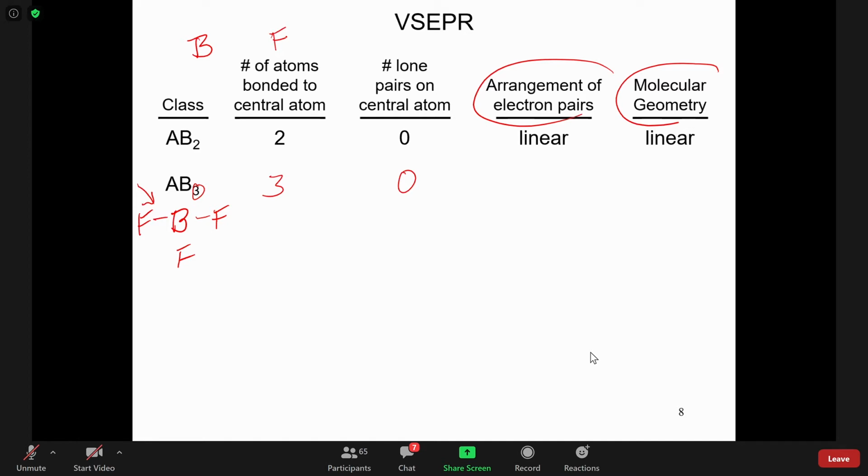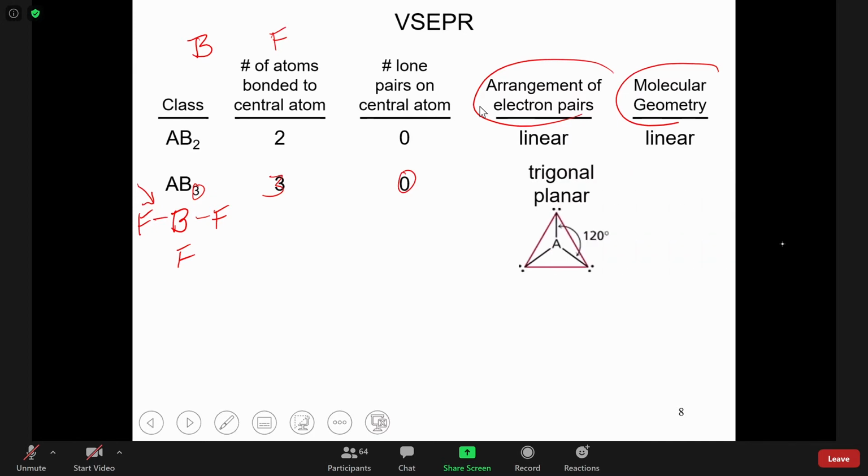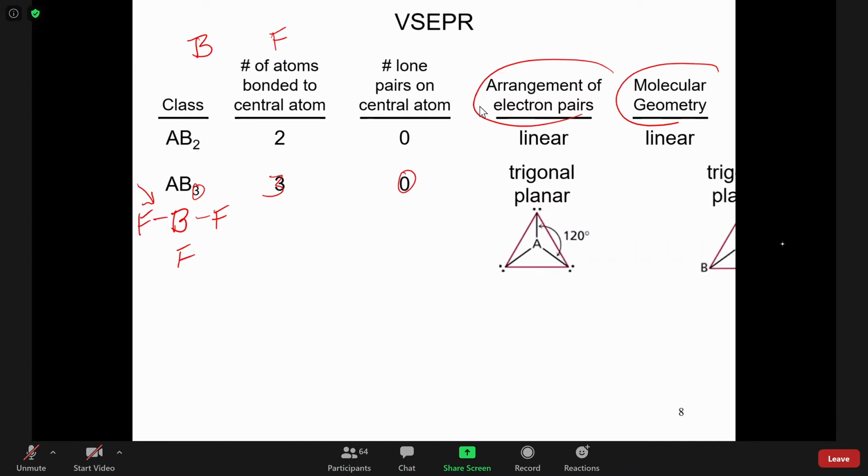What bond angles do you think would enable these fluorines that are bonded to the central atom to be as far away from each other as possible? 120 degrees, absolutely. And we'll see that in a minute. So this has a name. We're going to call it trigonal planar. And this is how it looks.